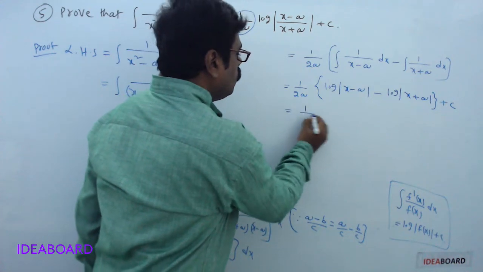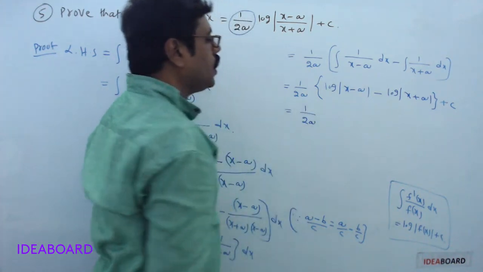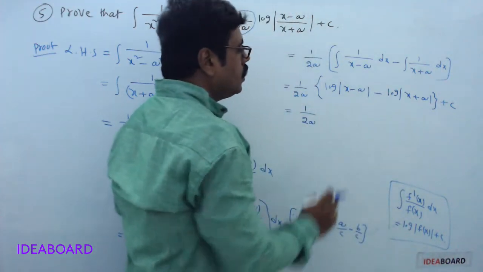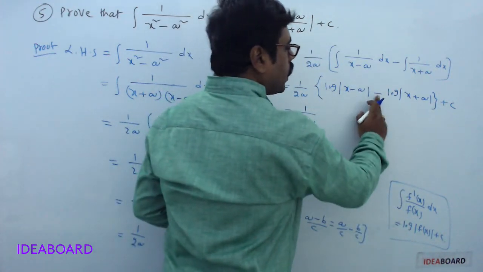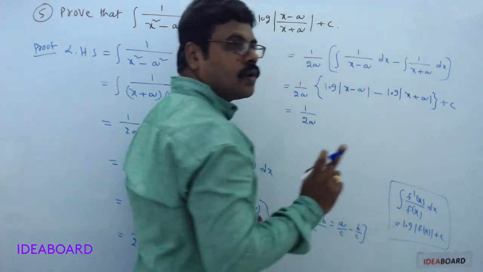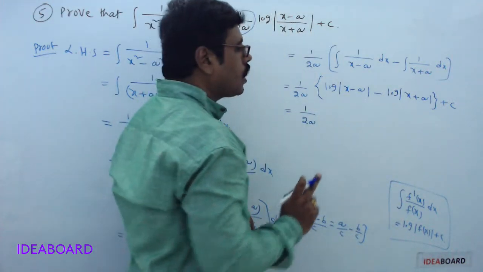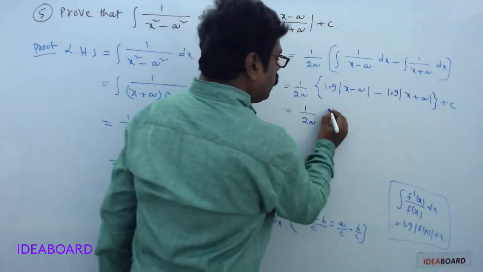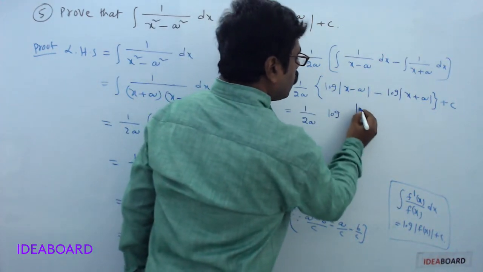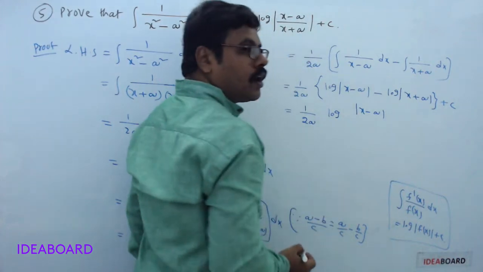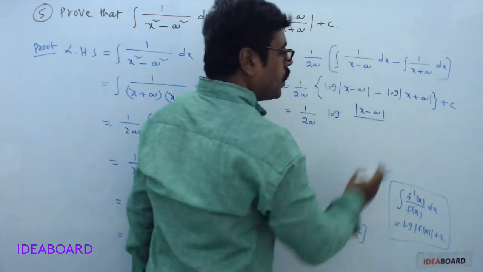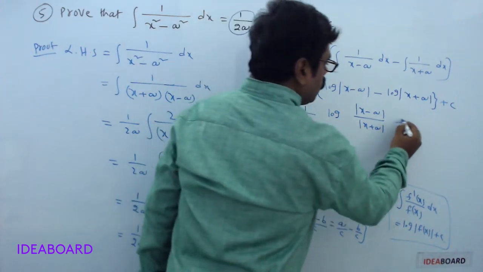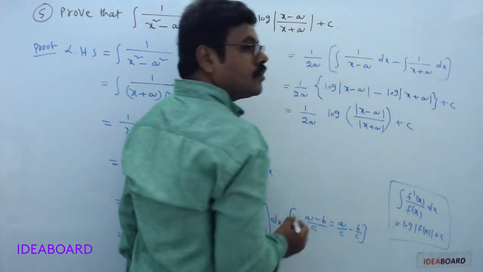Now this equals 1 divided by 2a into, this expression is of the form log a minus log b. So what is this property? Log of a divided by b. So use that property. Log of a, a is mod of x minus a, divided by b, b is mod of x plus a, plus some constant c.